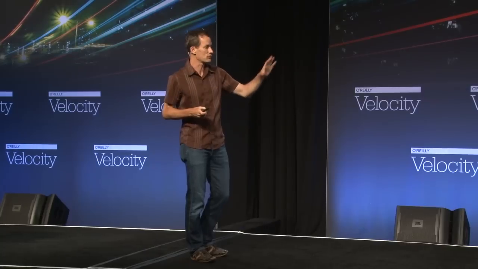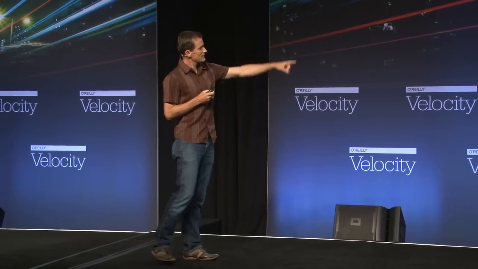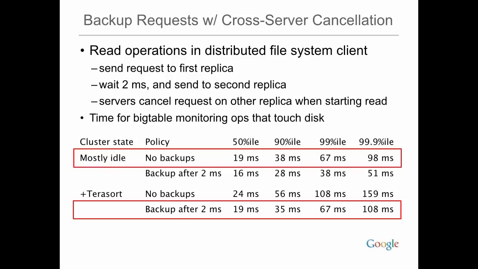Because most of the time, the cross-server cancellation actually is successful, and those cross-server messages are tiny UDP packets. It's very cheap to do the synchronization and the communication about who's doing what relative to disk reads. So now, if you squint at these lines, look at those latency profiles.